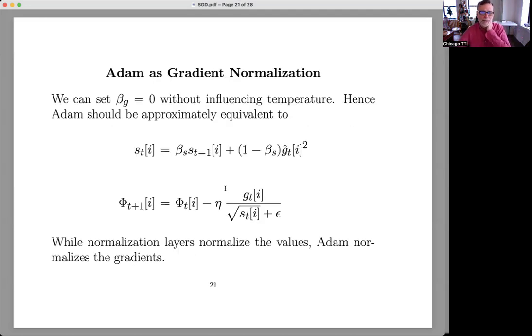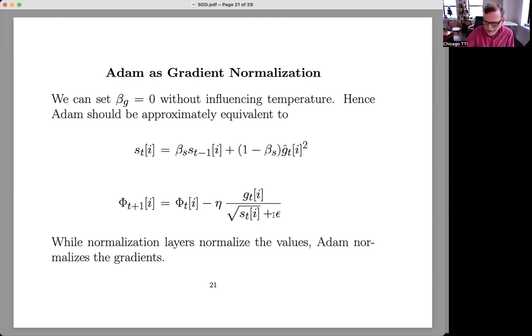So we can think of this gradient adjustment as a kind of gradient normalization. It's making sure that for each component, the scale of the update of that component is order the learning rate, right? We make this order 1. I'm ignoring epsilon.